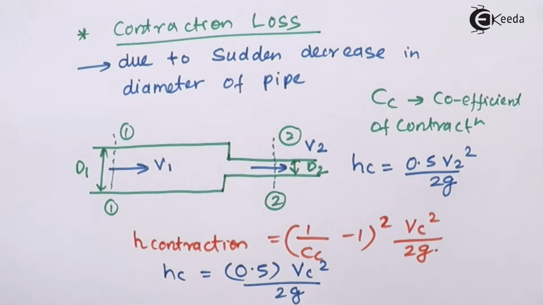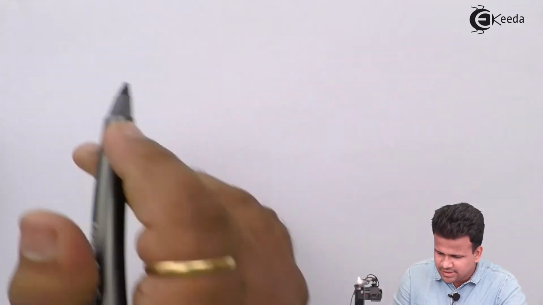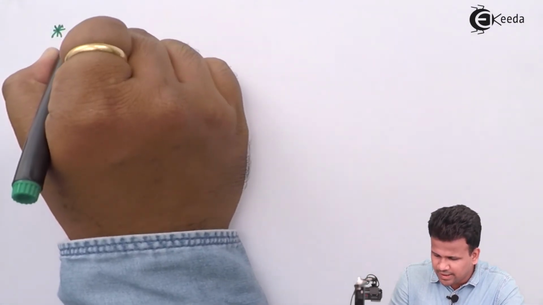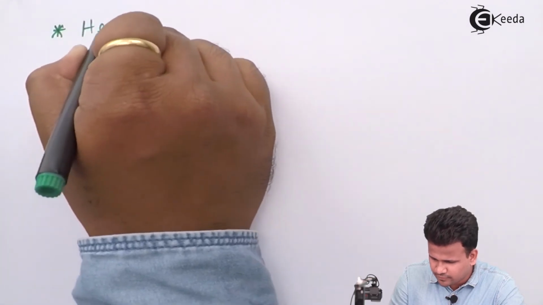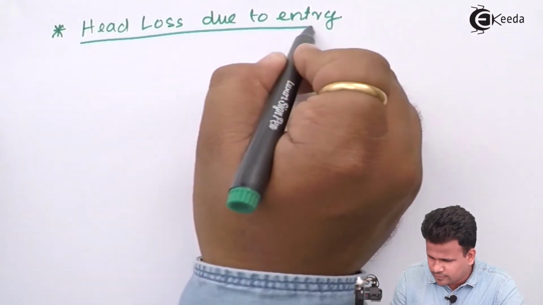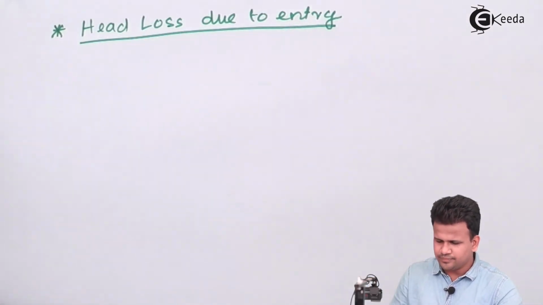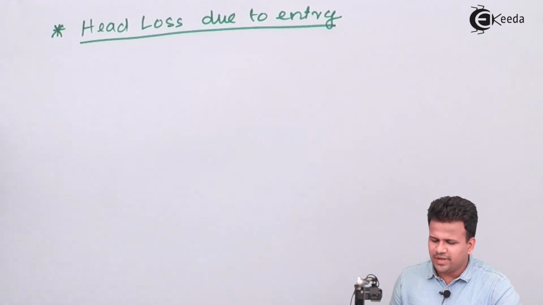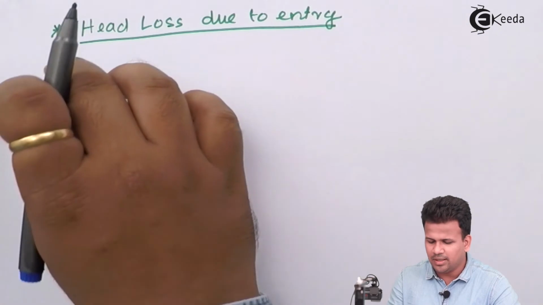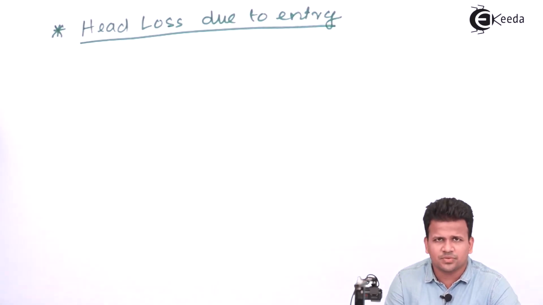Next loss we'll see is loss due to entry and loss due to exit. Next loss we'll consider is head loss due to entry. Now, how will you define a loss due to entry? This is where a pipe is connected to a reservoir.